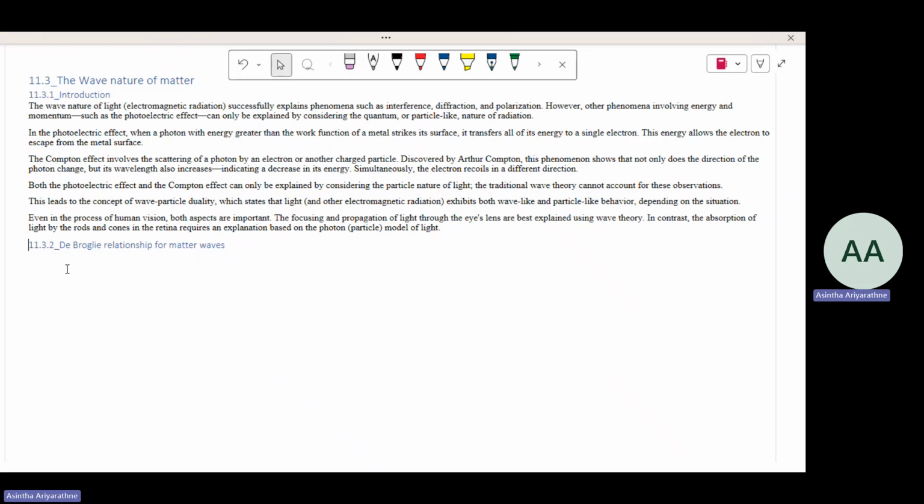If we consider light just as an electromagnetic wave, a ray, then we cannot express this photoelectric effect phenomenon. So can you understand that? When we consider the behavior of light as a wave, the photoelectric effect cannot be described, right?